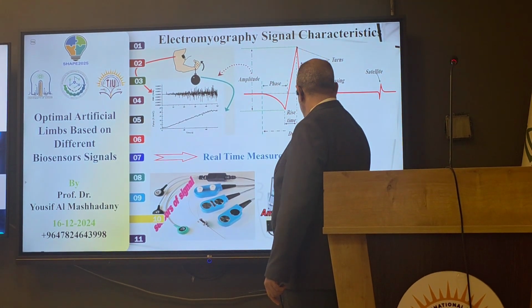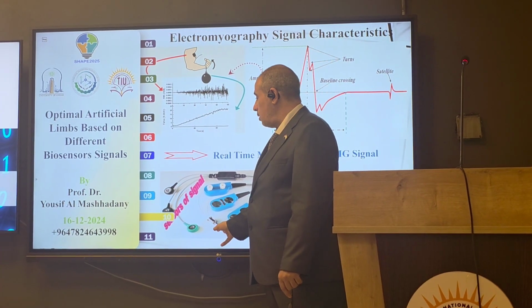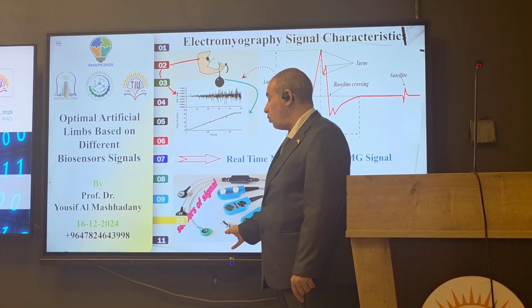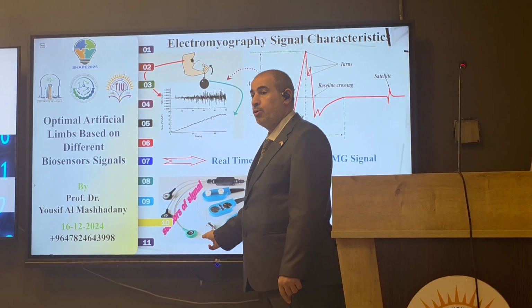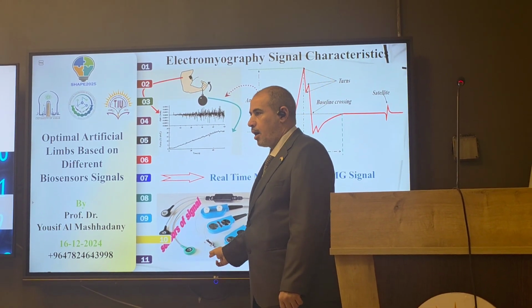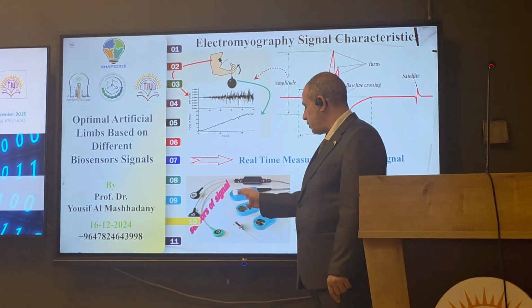The sensors, before 28, we used needle. After 28, used surface.